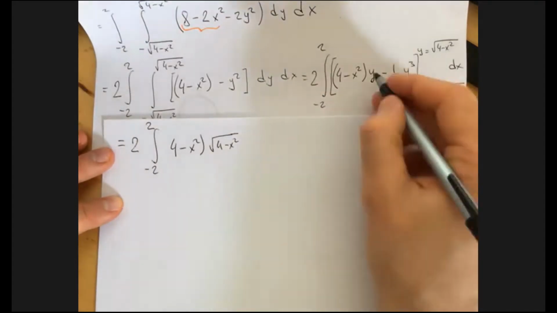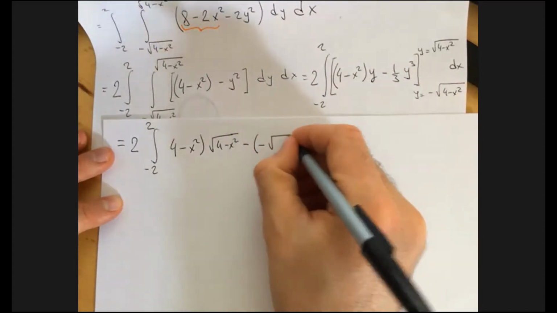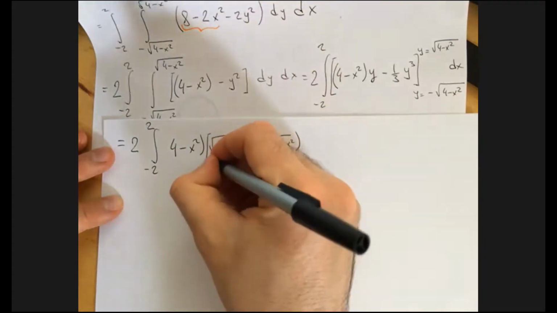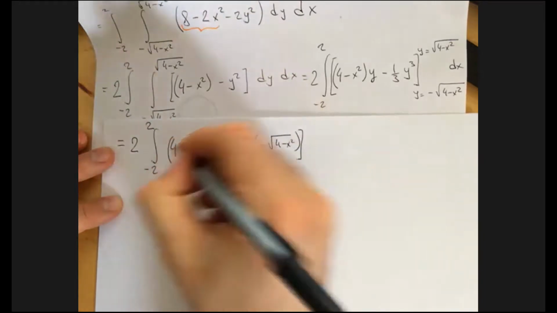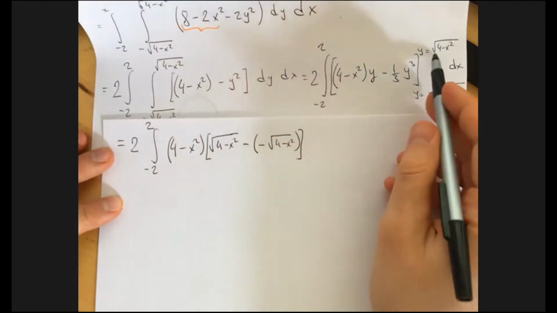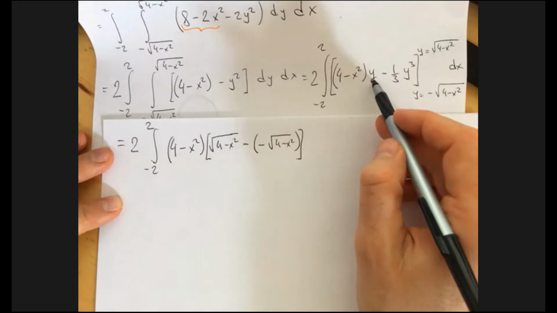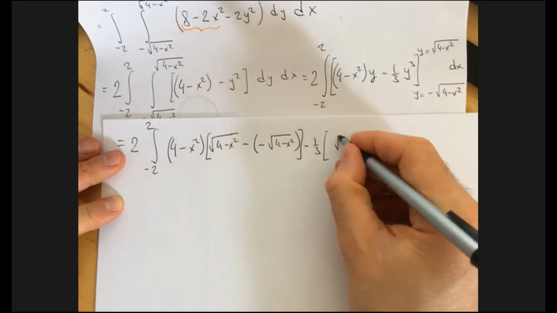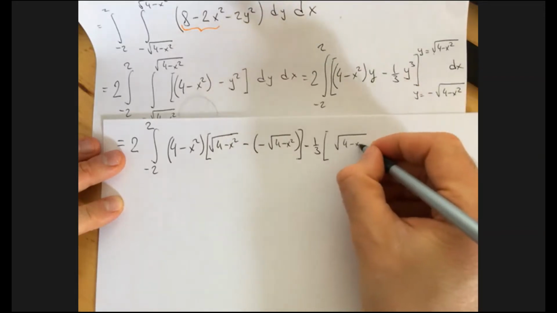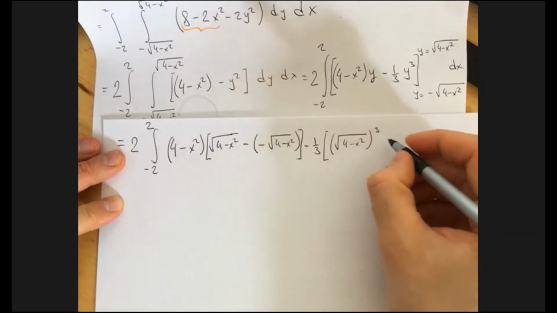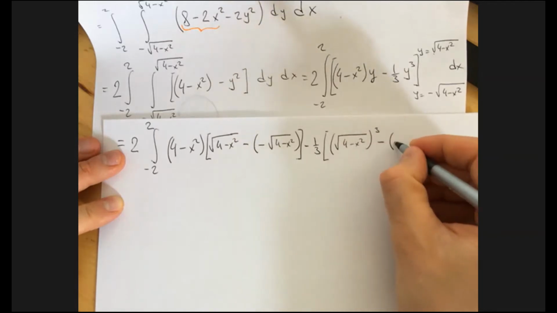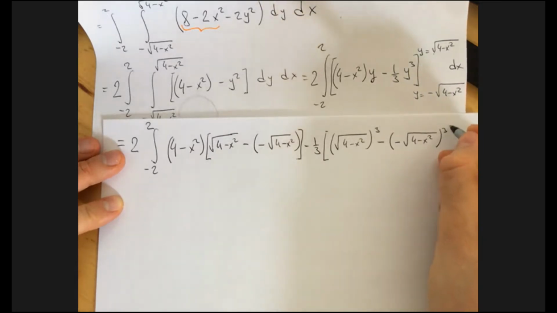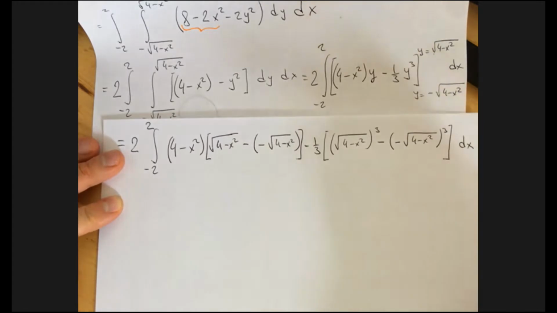And then I can plug this one here, minus square root of 4 minus x squared. Right? So I plug this expression and this expression for this y first. Minus 1/3 square root of 4 minus x squared cubed minus negative square root of 4 minus x squared cubed dx.